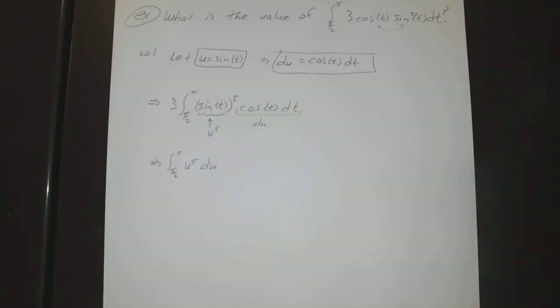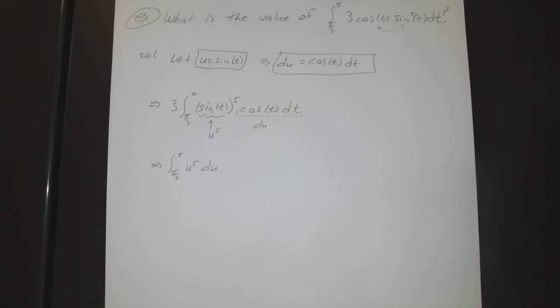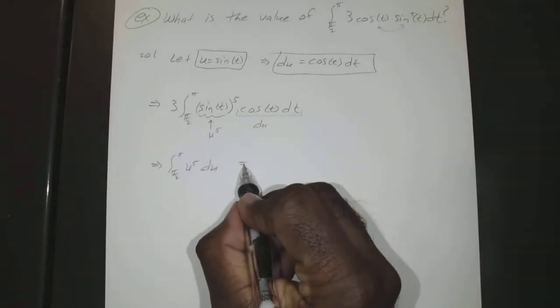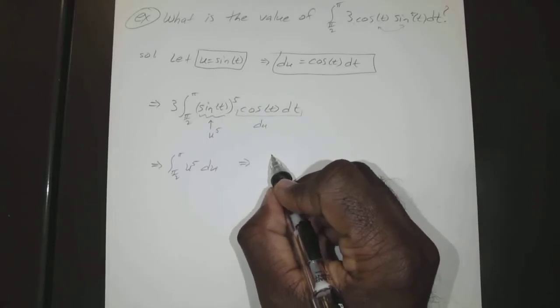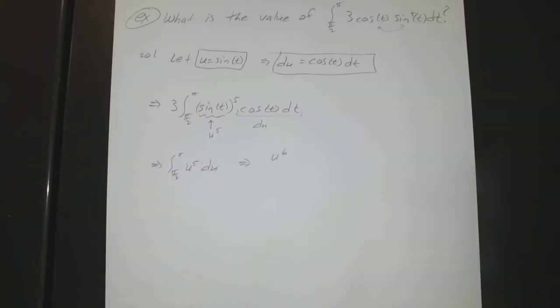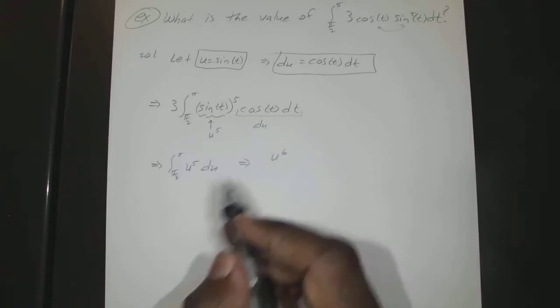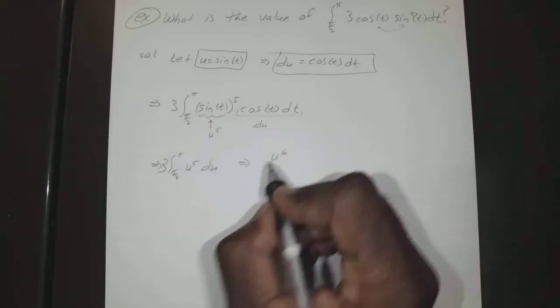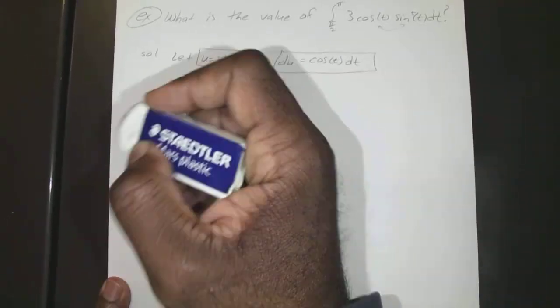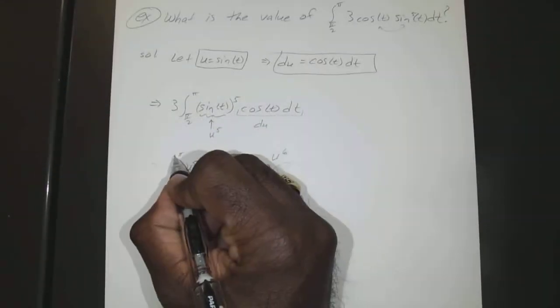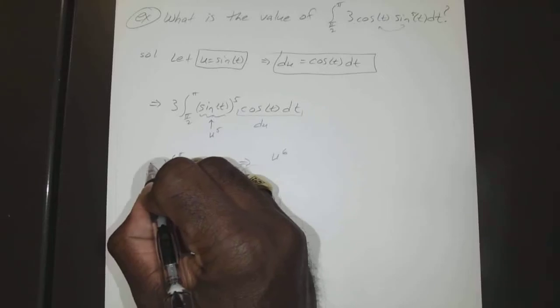Okay, so once we do that, we just go ahead and use the regular ordinary power rule. So that's going to be u to the 6th. Oh, I forgot my 3. That should be 3 times that.